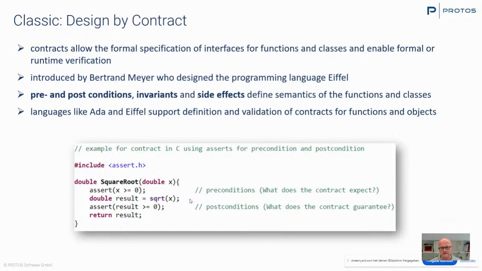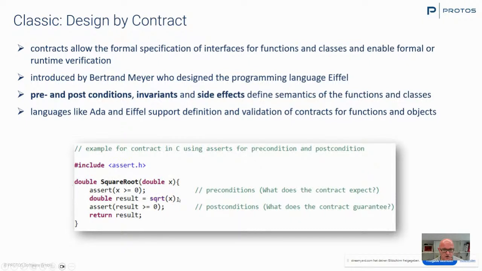So we can help ourselves by using asserts, for example. It's just a very simple contract here for a square root function. The first assert makes sure that the incoming variables are correct. In this case, they must be bigger or equal 0. If not, square root will fail. That's the precondition.